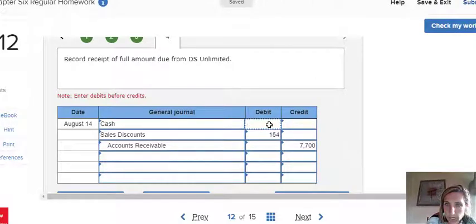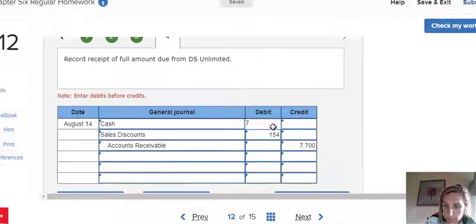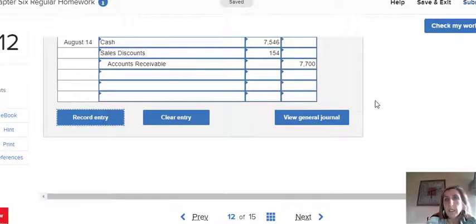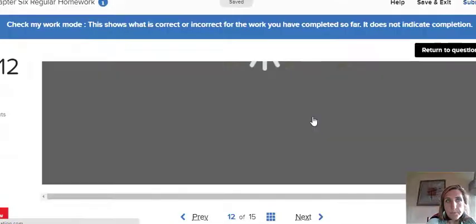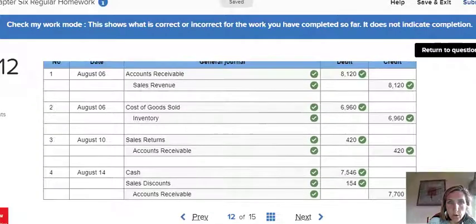The rest of it I should receive in cash. You could analyze it by saying 7,700 multiplied by 98%, $7,546. And I will record that and check my work. Here's a reflection of all of the journal entries. Please contact me if you have any questions.